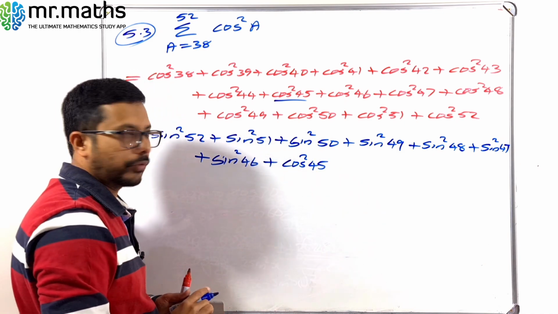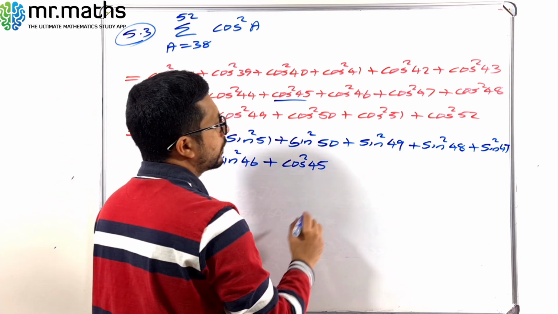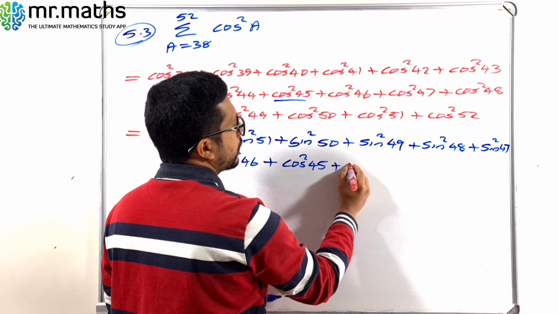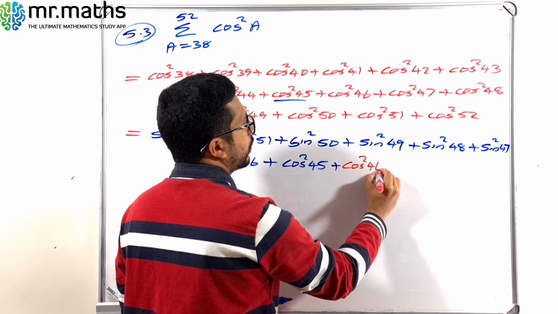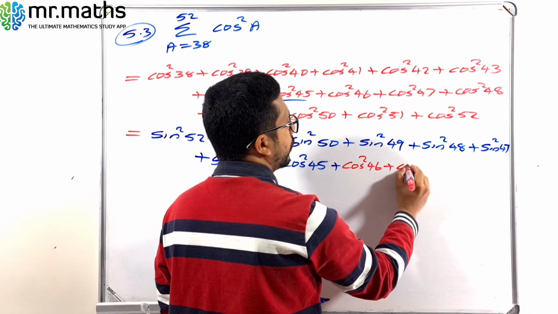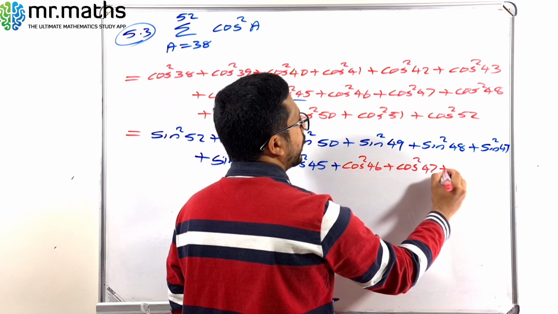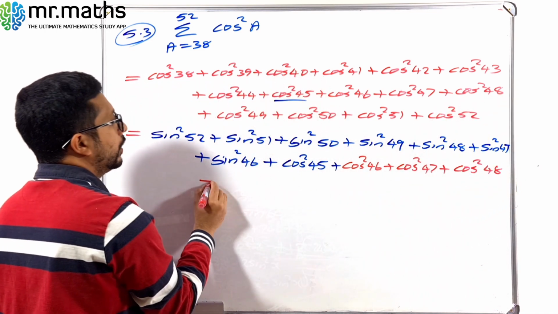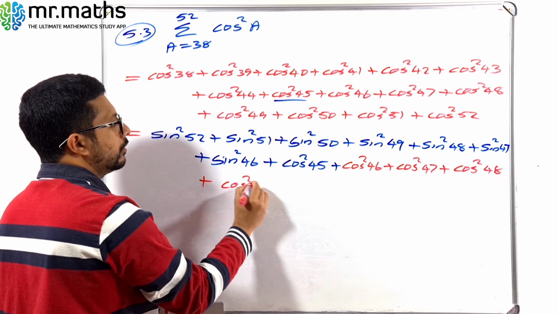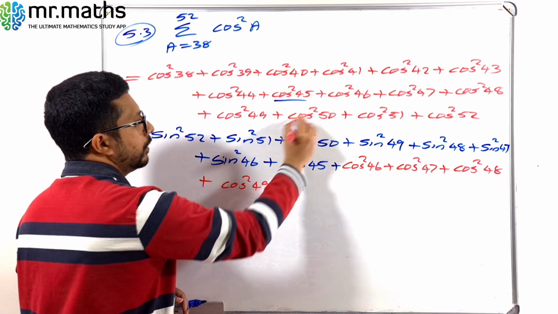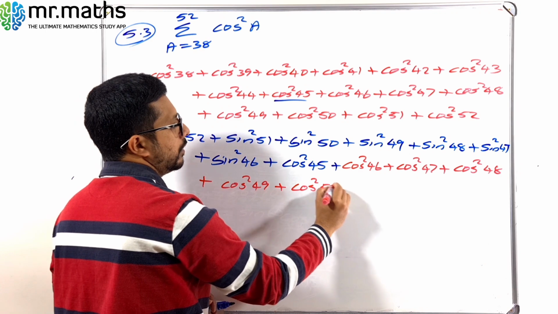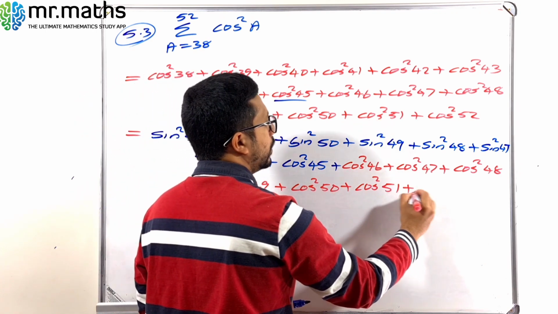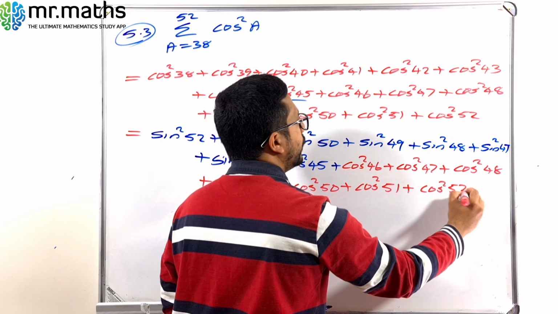Okay, cos square 45, then plus cos square 46 plus cos square 47 plus cos square 48 plus cos square 49 plus cos square 50 plus cos square 51 plus cos square 52.